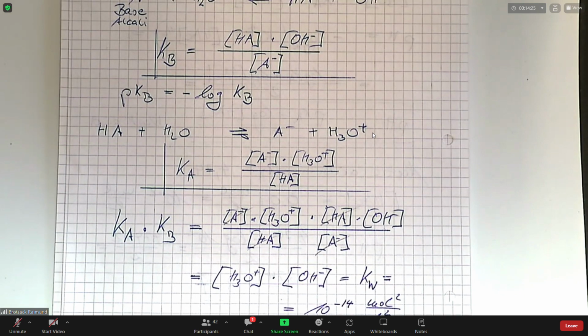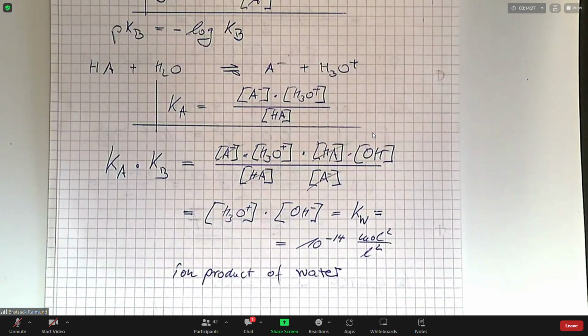Well, what does it mean? That means now, of course, we have one system where HA reacts as an acid and the A minus acts as an alkali. And when we read it from the left to the right or from the right to the left, we can multiply Ka times Kb. And in this case, it always leads to the ion product of water.